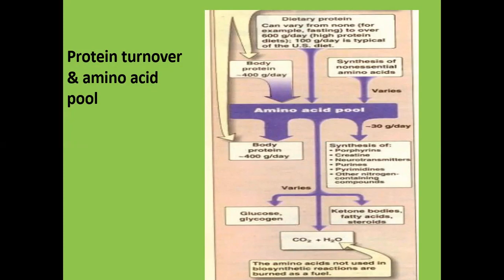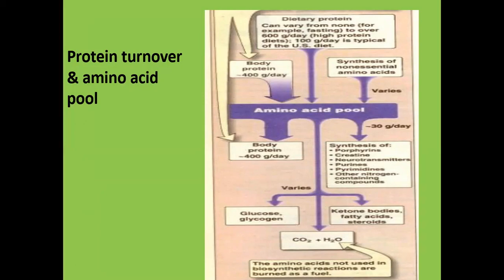So, turnover of protein, that is synthesis of protein and degradation of body protein, is a normal process, and it is an essential feature of what is called nitrogen balance. What is nitrogen balance? Nitrogen balance is important for intakes of protein and the amino acid metabolism. So in this context, turnover of protein is the degradation and the synthesis of the proteins.